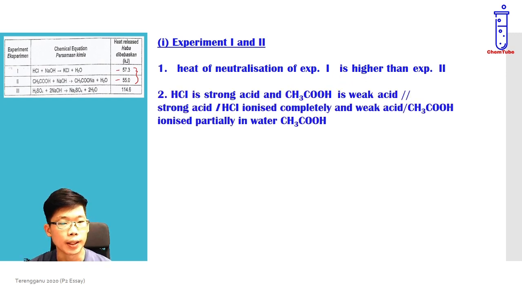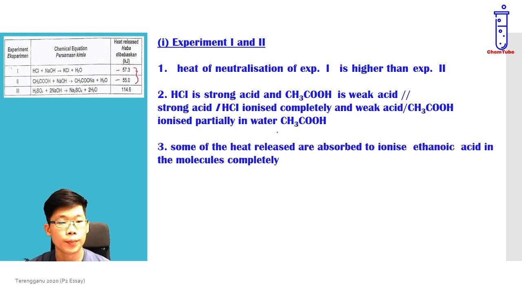Why? Because hydrochloric acid is a strong acid and ethanoic acid is a weak acid. A strong acid ionizes completely, while a weak acid ionizes partially in water. Some of the heat released is absorbed by the weak acid.